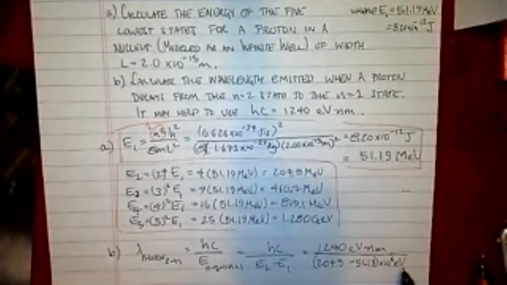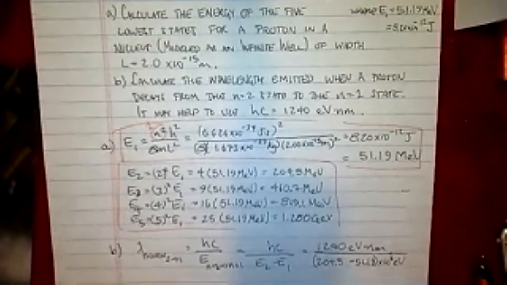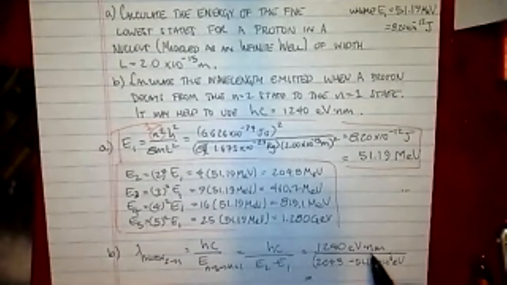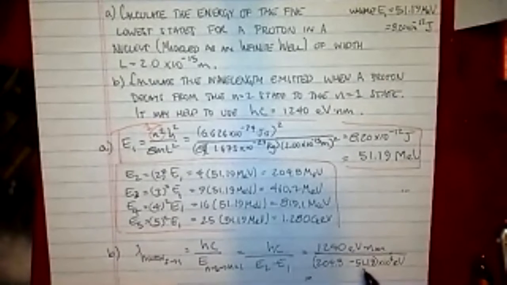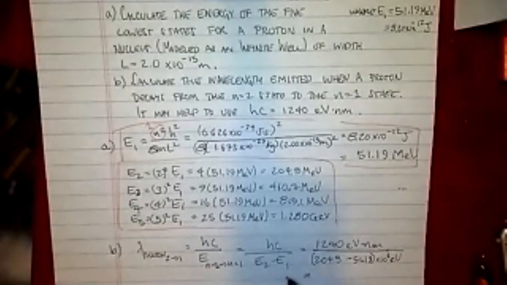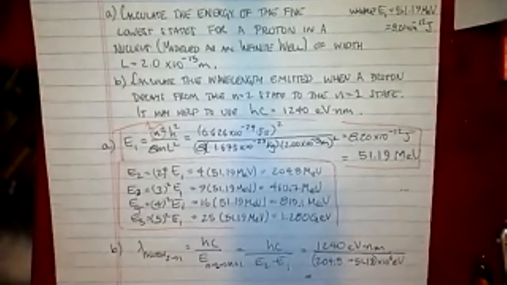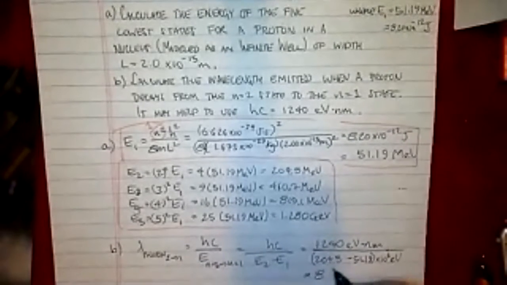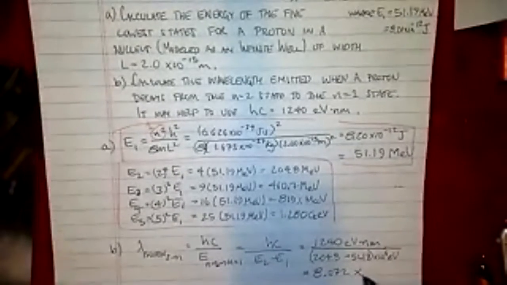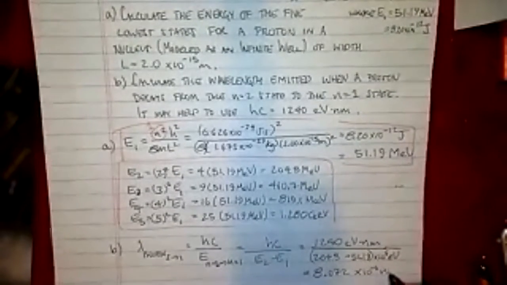So that gives me electron volts, which will cancel out with that. So this will automatically give me wavelength in nanometers. And nanometers is really small, but lo and behold, when you divide 1,240 by this, you get 8.072 times 10 to the negative 6 nanometers.